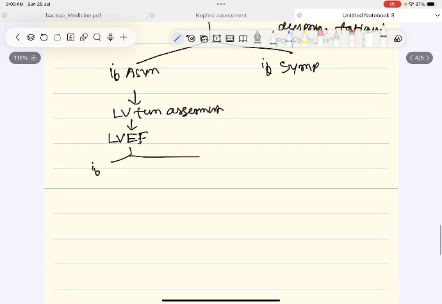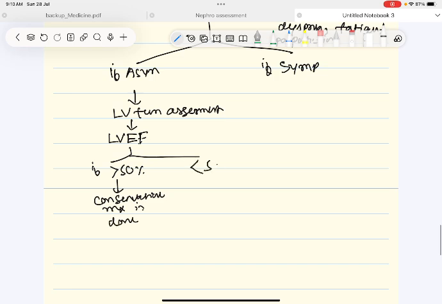If it is more than 50%, conservative management is done. If less than 50%, there is surgical management. And if the patient is symptomatic, it is always surgical management.